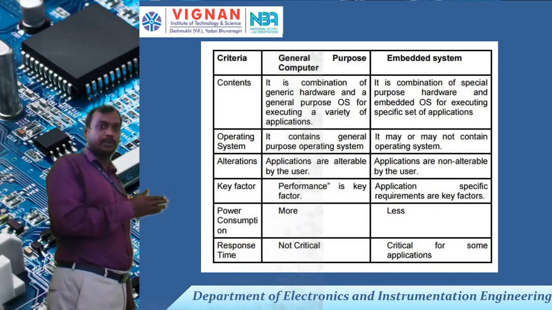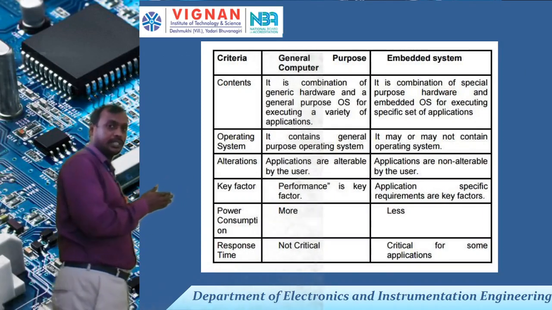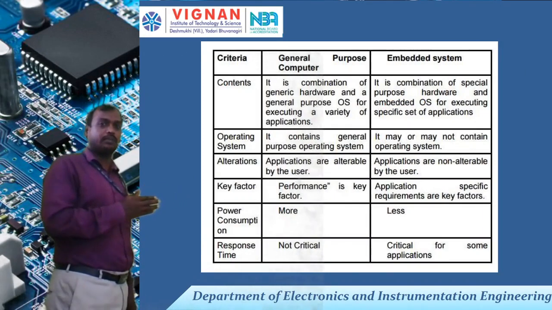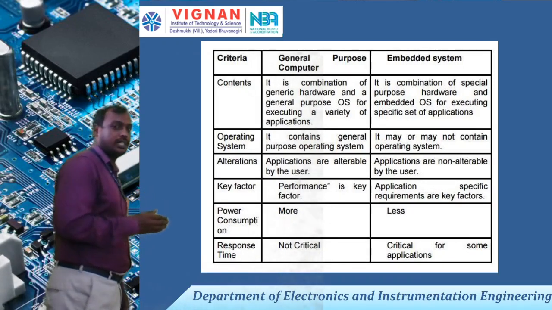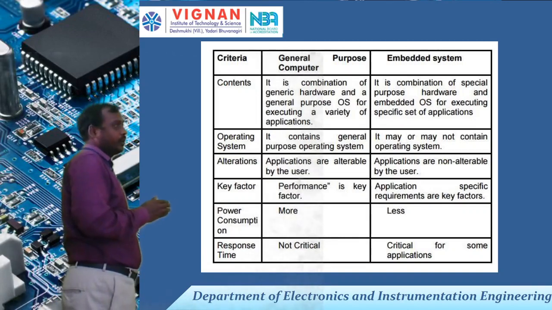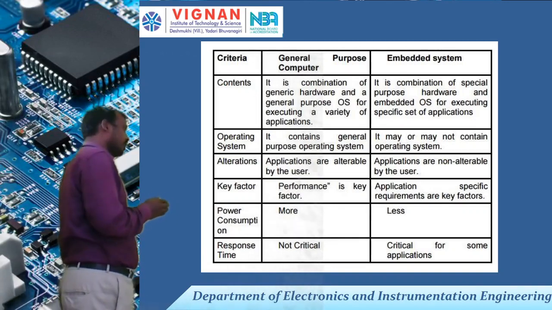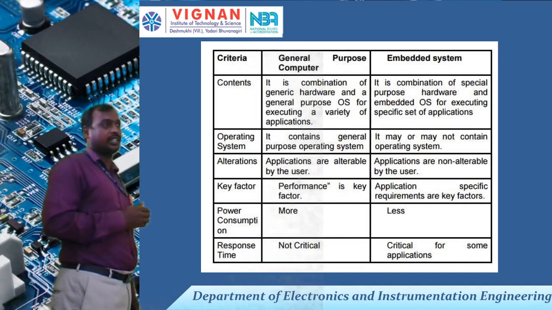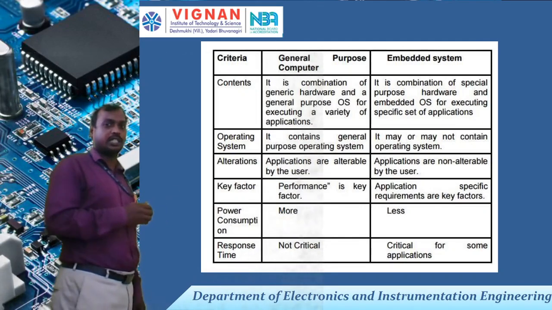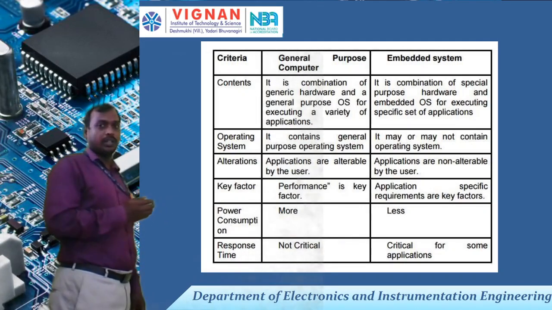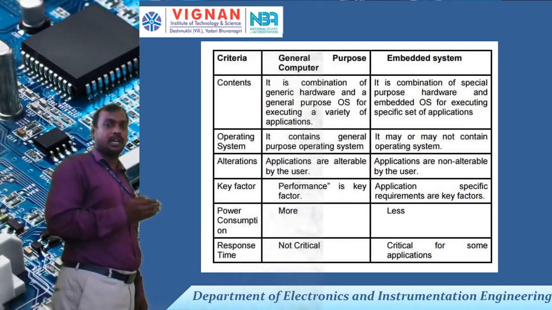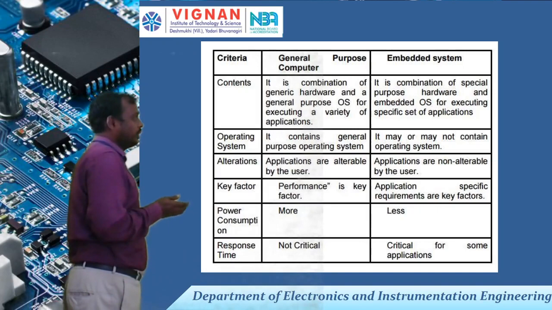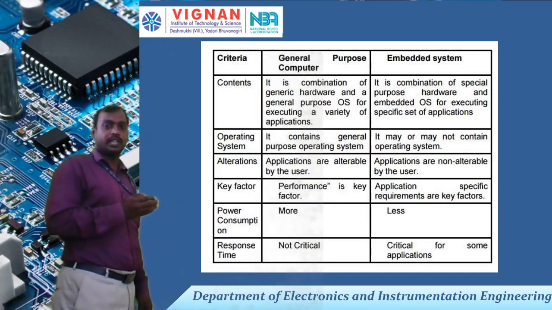Here is the comparison of the general purpose computer and the embedded system. A general purpose computer is a combination of hardware and software that performs many tasks, and we can install or uninstall applications. That means it is alterable. An embedded system is a combination of hardware and software to perform a specific operation or particular application.